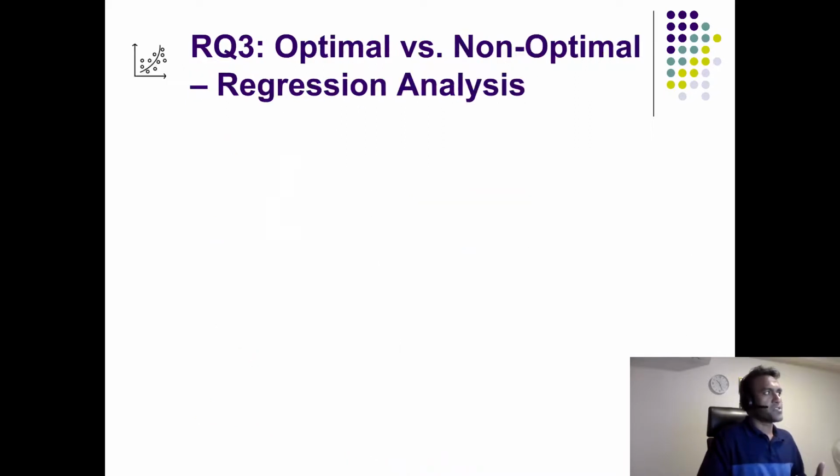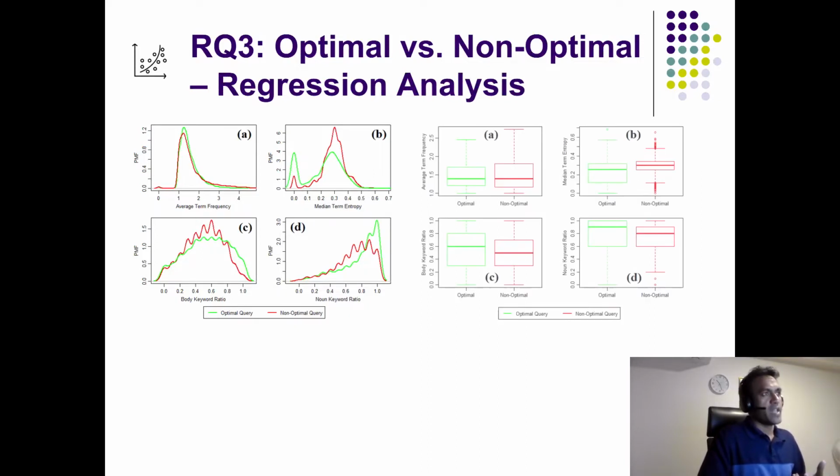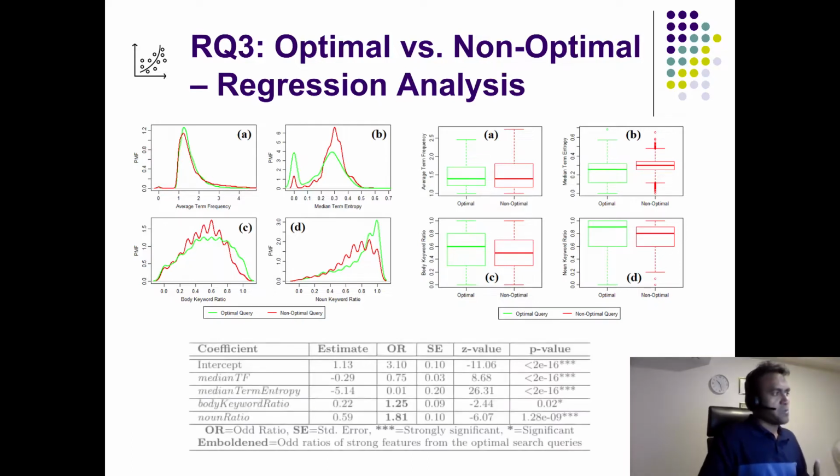So we did a bit of distribution analysis, and you can see that their density plot is quite different, and the variance is also different. So we performed a statistical significance test, and we found that these properties are significantly different for optimal and non-optimal search queries. So then we selected these 4 different properties, and we did a bit of regression analysis.